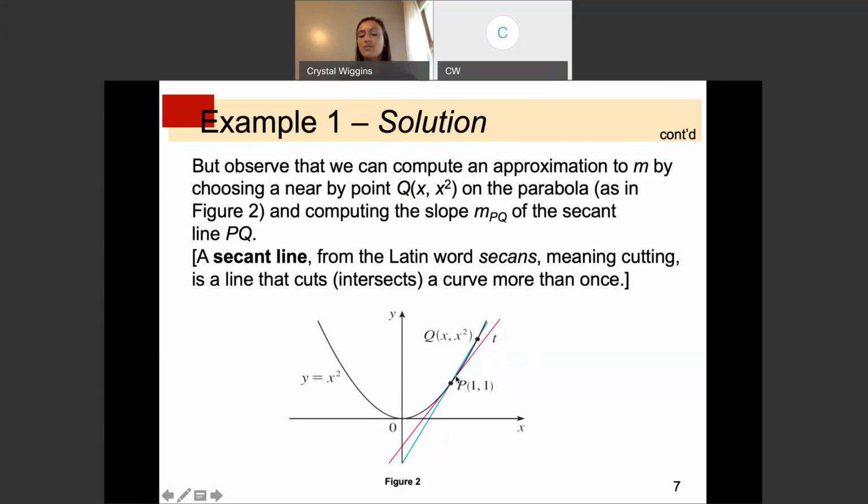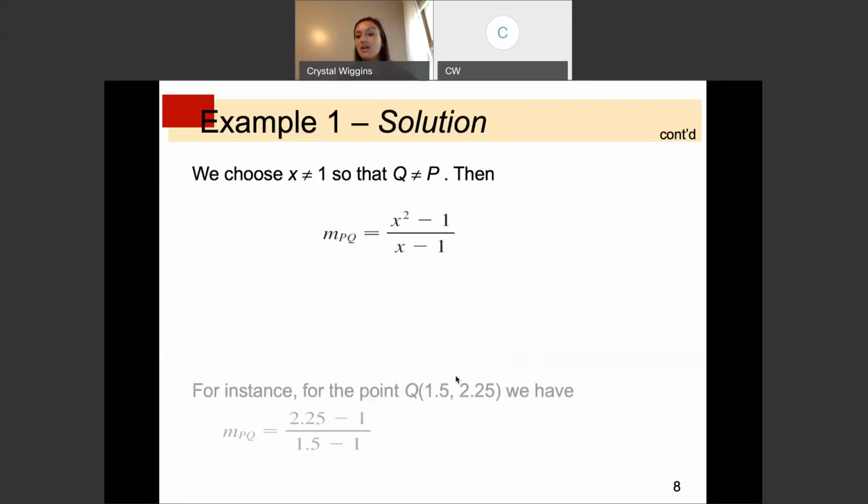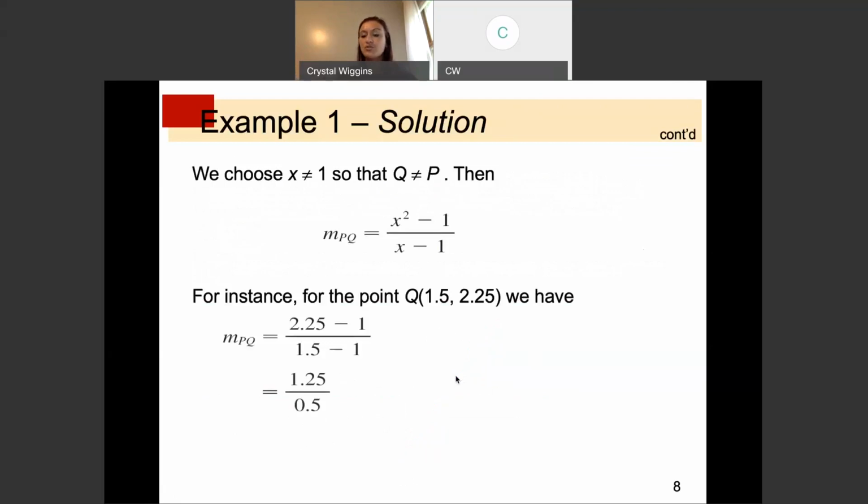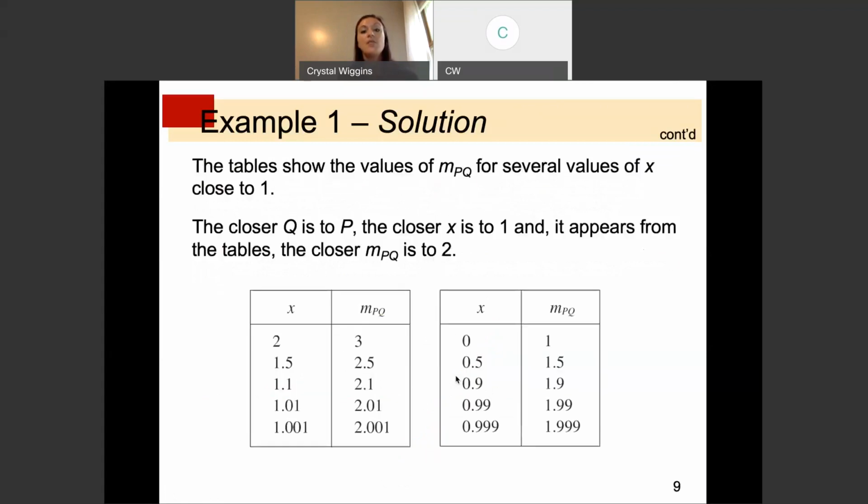So the best way to do this is to do this a couple times. The more that we get closer and closer to the point, we should be able to recognize a pattern. And then that pattern, which we're going to learn is called a limit, is going to tell us what is the slope we are approaching as we get closer and closer and closer with those secant lines to the tangent line.